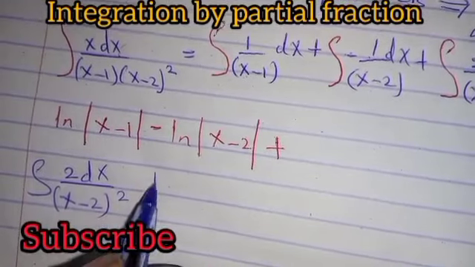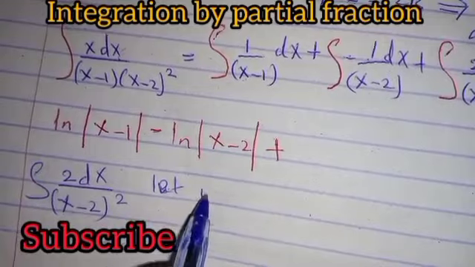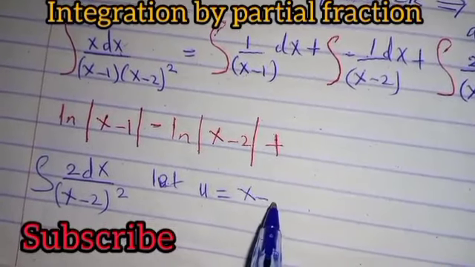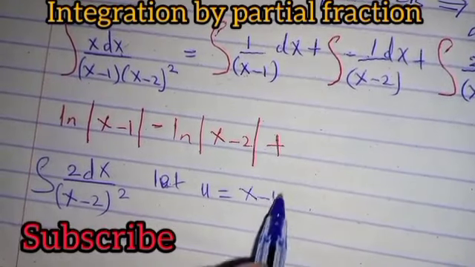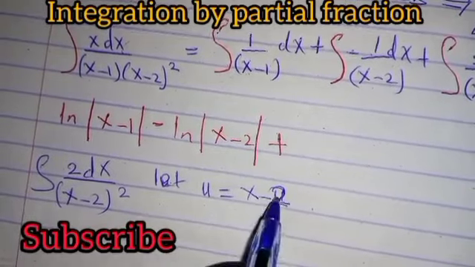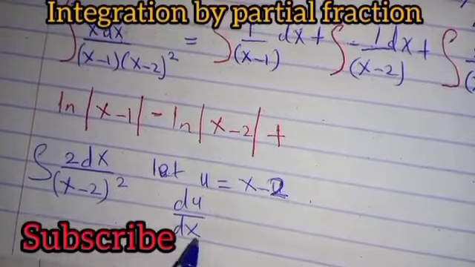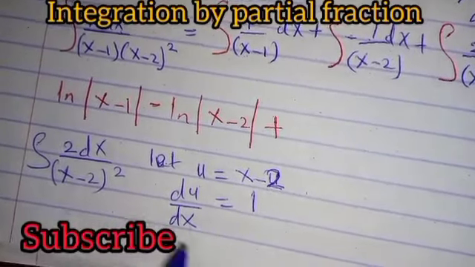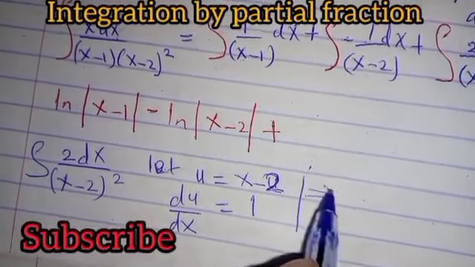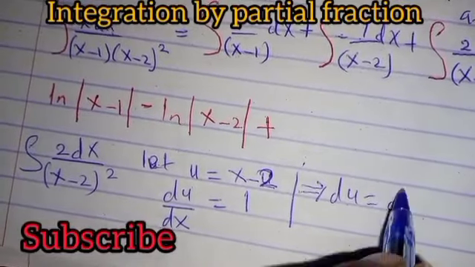Here we are going to let u be equal to x minus 2. Then du/dx will give you 1 when you differentiate, which implies that du is equal to dx.